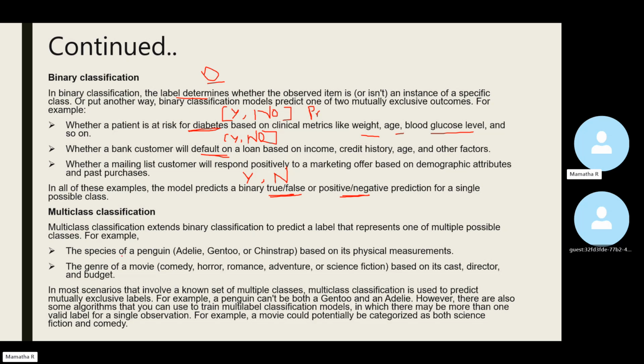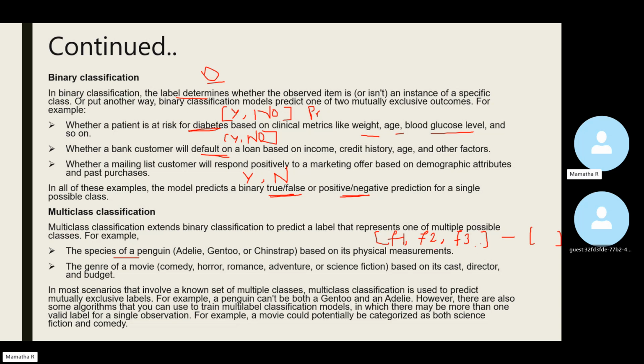Take the species of a penguin, which I want to identify based on physical measurements. There are multiple species available. You have got multiple features, feature 1, feature 2, and by using these features you want to predict the species. There are multiple species too, right?